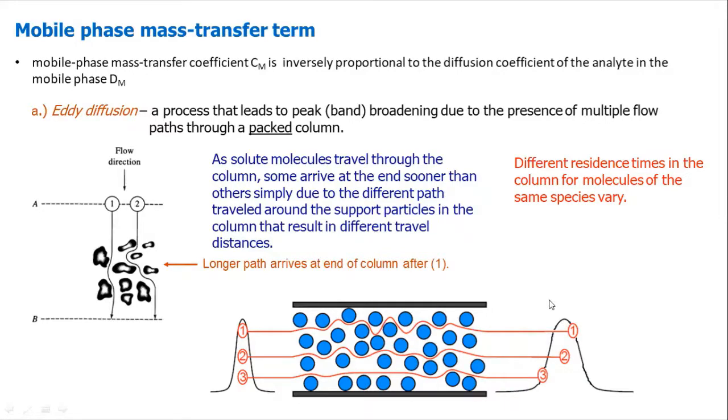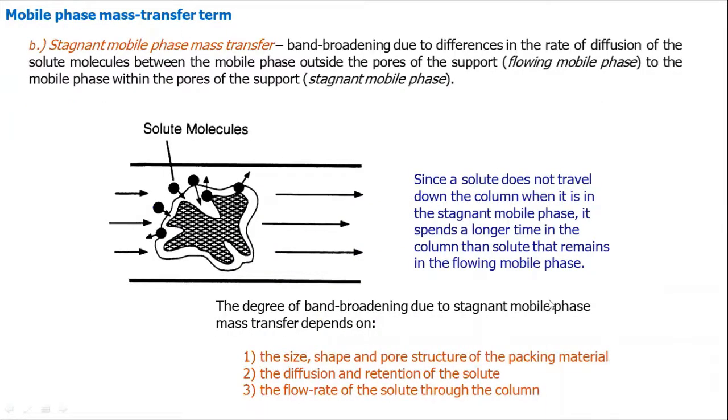Okay, so the next is the stagnant mobile phase mass transfer. So this is the band broadening due to differences in the rate of diffusion of the solute molecules between the mobile phase outside the pores of the support or the flowing mobile phase to the mobile phase within the pores of the support or the stagnant mobile phase.